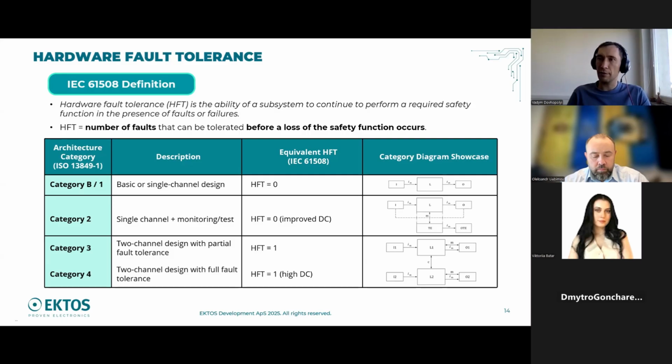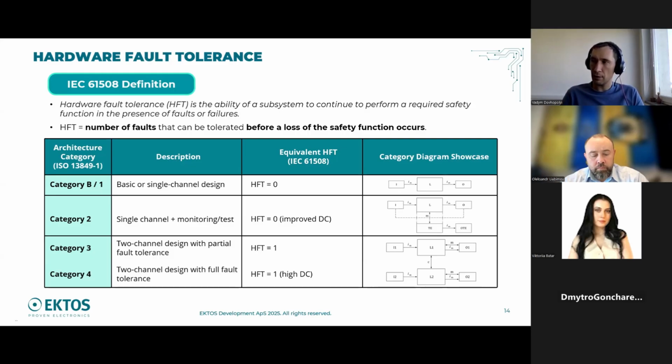The machinery standard describes 5 categories, and I try to link them with fault tolerance. Category B or 1 is one channel where you have input, logic solver, and output, and it has HFT equal to 0. Category 2 is when you have one channel plus diagnostics.